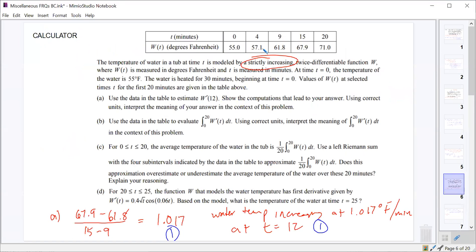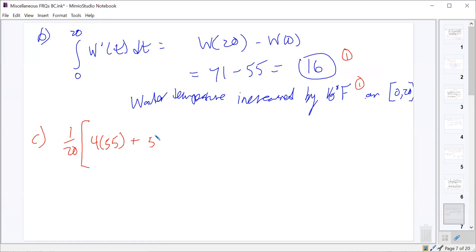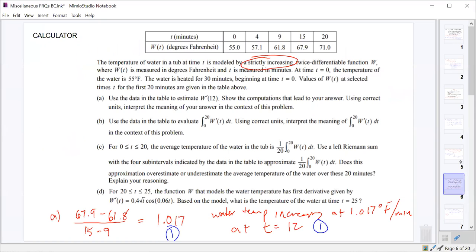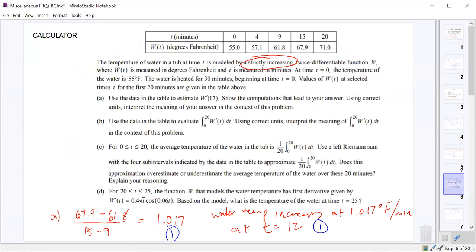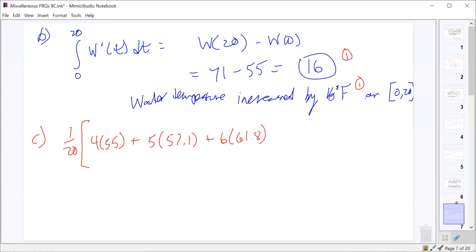And then we've got 5 times 57.1. We've got 6 times 61.8. And we've got 5 times 67.9.